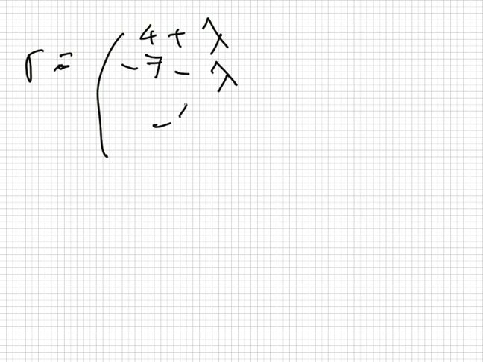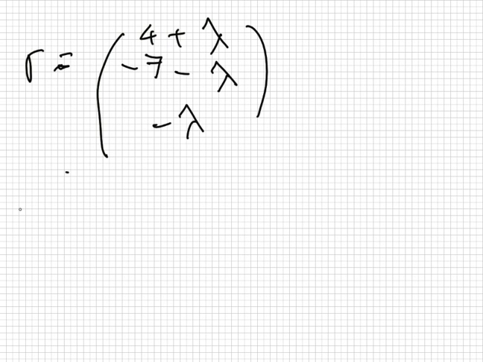Right, number 4. You have 2 lines. First line, r equals 4 plus lambda, minus j, minus 7 minus lambda k.